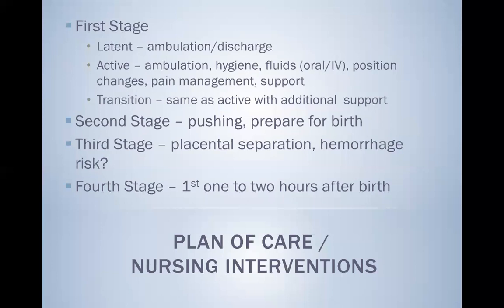Providing fluids, both oral and IV, lots of position changes. I've mentioned this before, but in the active stage of labor, we should be changing our mom's position about every hour, and pain management, whatever they want. So if they want that epidural, we're going to get them that epidural. If they want to be natural, we're going to support them in however their ideas of natural childbirth are.